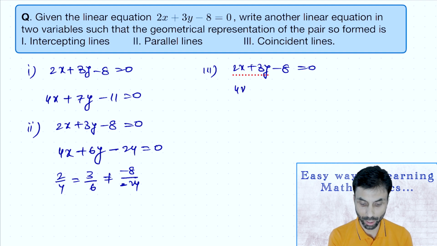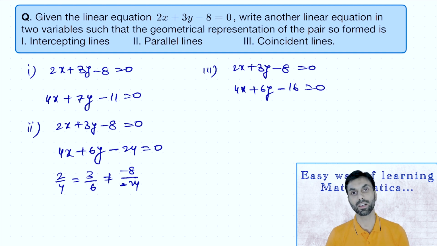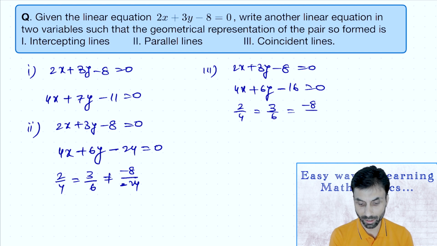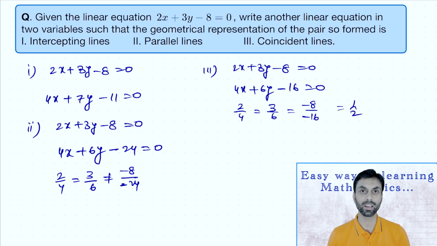So this will be 4x plus 6y minus 16 equals 0, and that will be the pair of equations, and it will satisfy our requirement. If you check, 2 upon 4 will be equal to 3 upon 6, which will be equal to minus 8 upon minus 16, all are equal to half, and so the lines will be coincident. Remember, sometimes they can ask you to write the dependent equation, that is also the same thing.